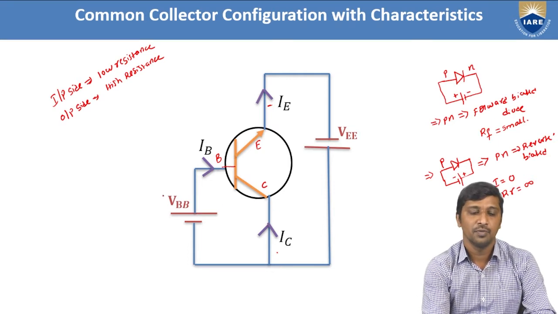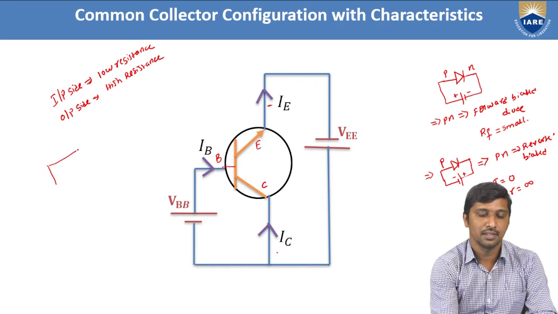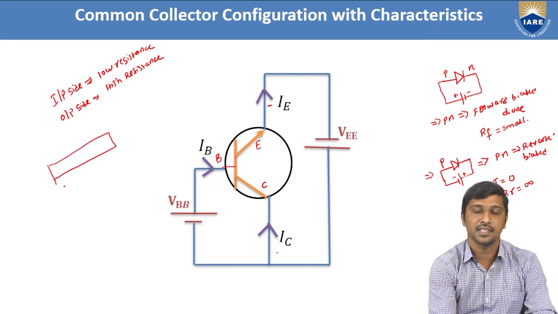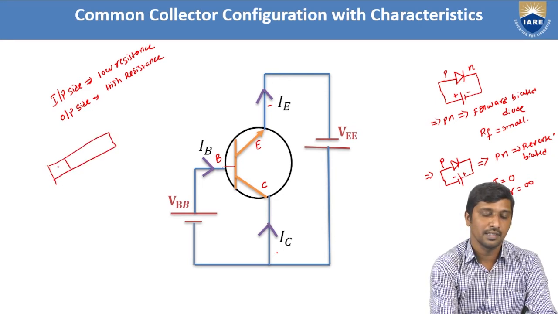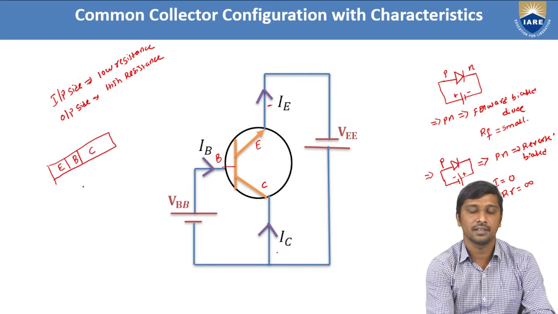If you observe a normal transistor, either NPN or PNP, this is the emitter, this is the base, and this is the collector.